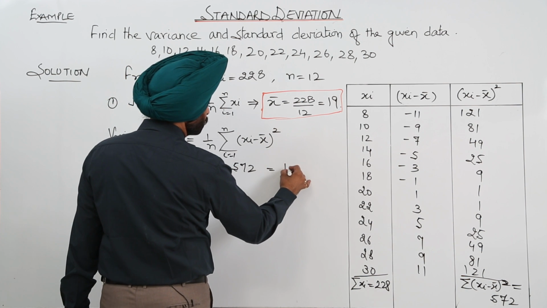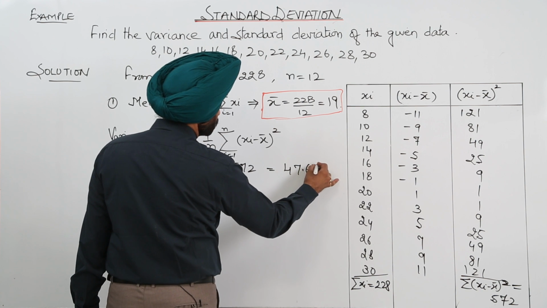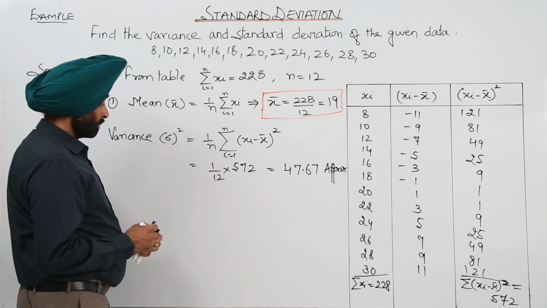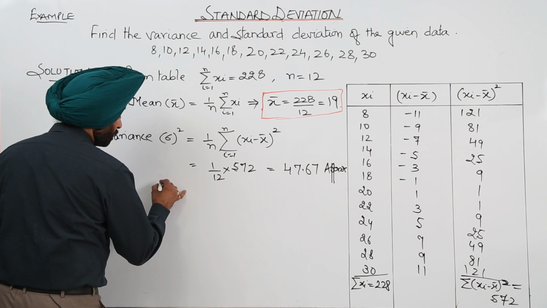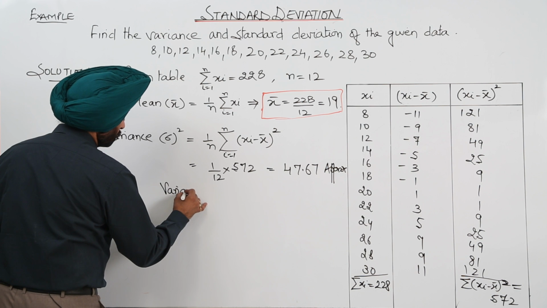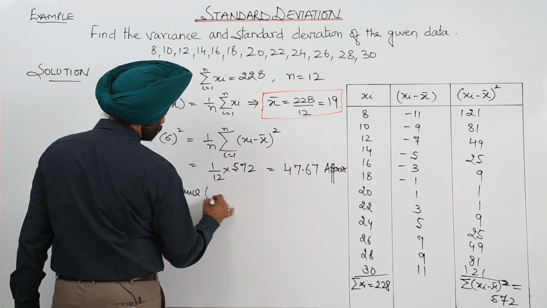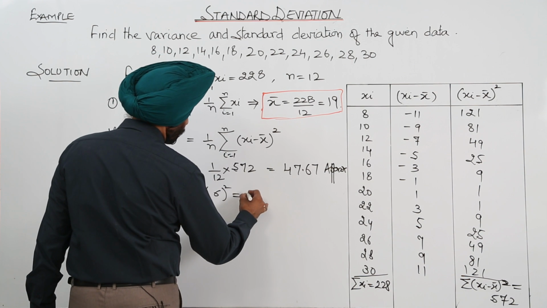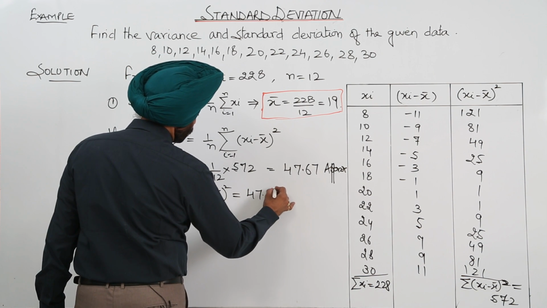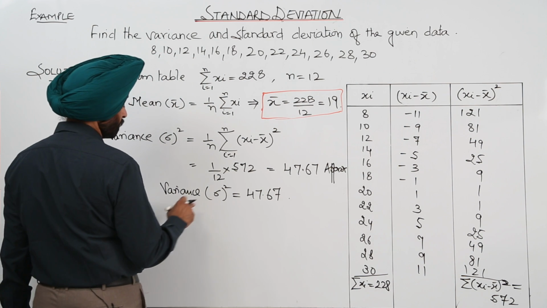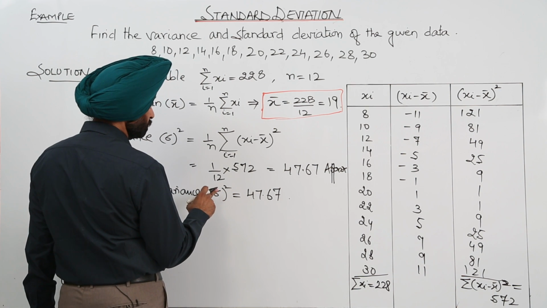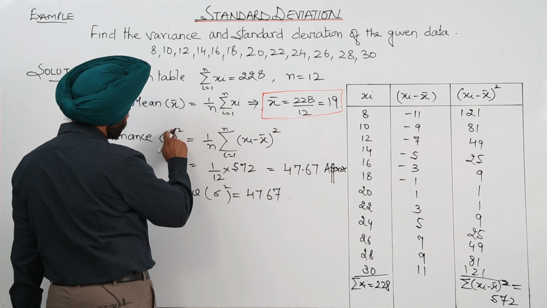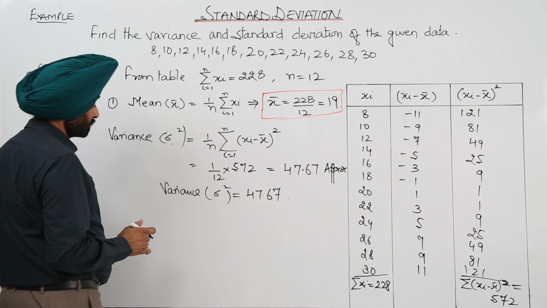So, this becomes 47.67 approximately. For the variance, do one thing, just write like this, okay.